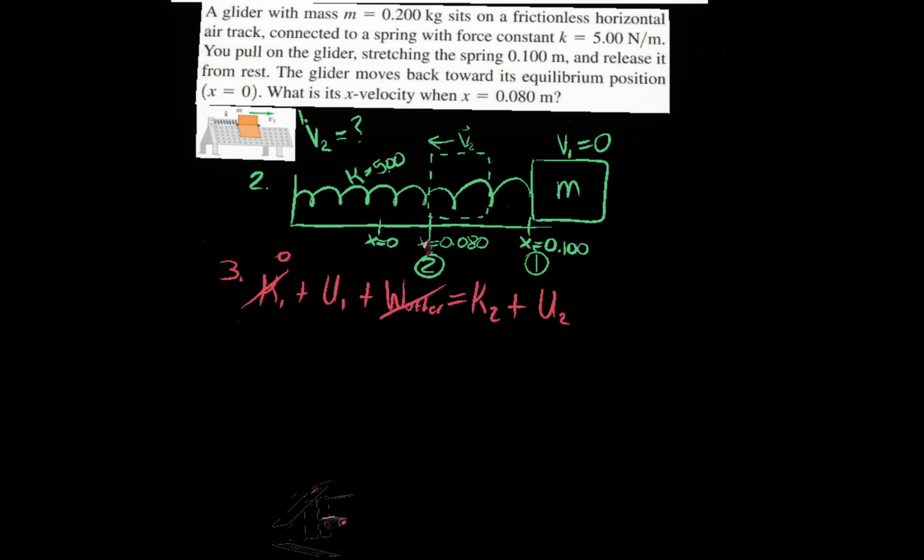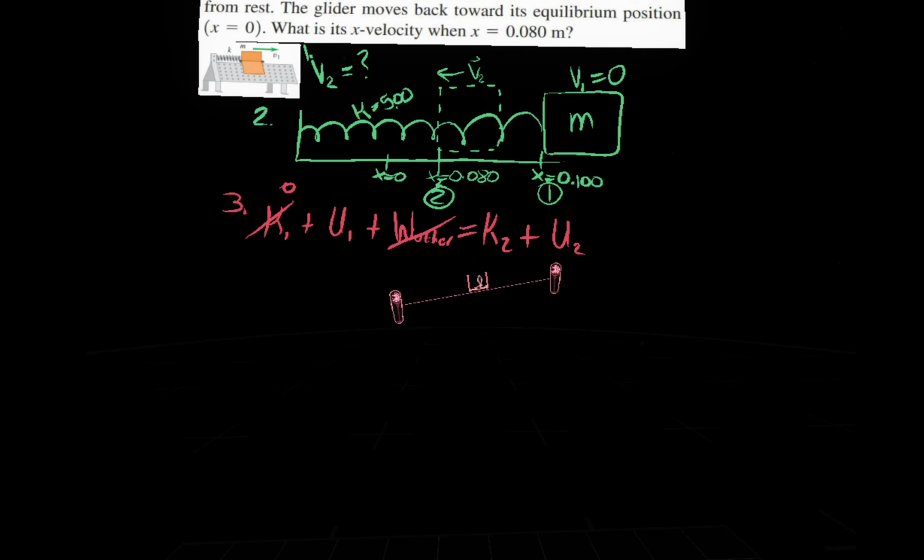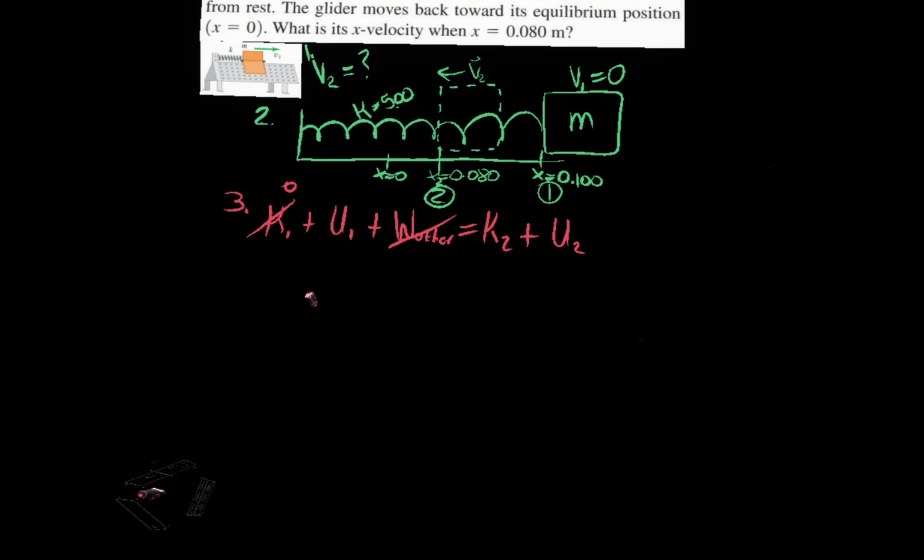And then when it reaches this point, is there kinetic energy? Yes, there is some velocity that it's traveling back to the left. Is there potential energy? Yeah, there's still potential energy because it hasn't gone all the way back to x equals 0. So we've crossed out all the terms that we can, and we write U1 is equal to K2 plus U2.